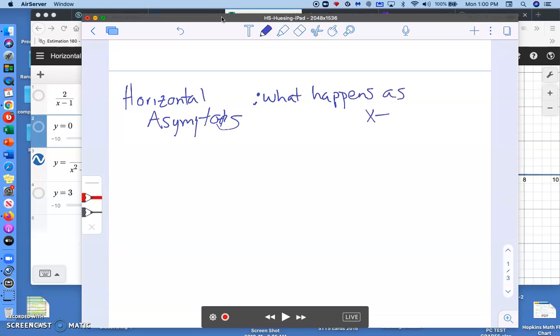as x goes to infinity and x goes to negative infinity. So for example, if we had y equals 2 over x minus 1, as this number gets really, really big, it's 2 over a huge number, which is really close to 0.